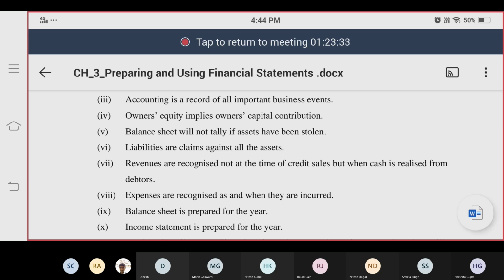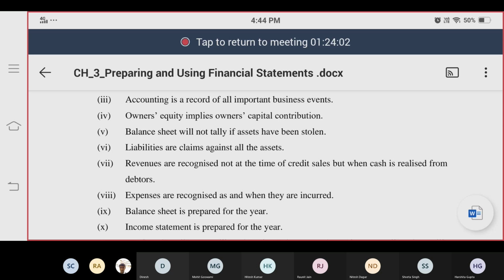Revenues will be recognized when they happen. If we have got cash, then we will show cash increasing. If we have not got cash, then we will show another asset which is called debtors. These are customers to whom we have sold our products, but they have not paid us back. This is the accrual principle. We will record our sales the moment it occurs. Okay, Nitesh.